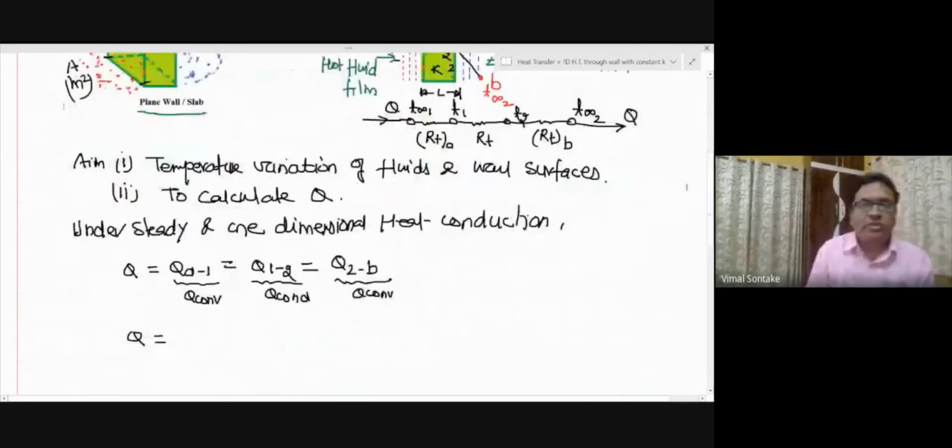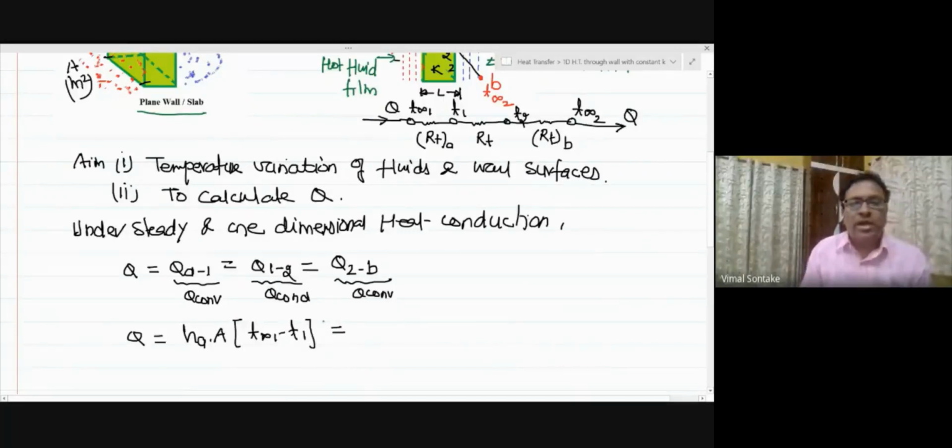QA1, that is the heat transfer rate from hot fluid to the left surface, will be by convection. And we know from Newton's law of cooling, heat transfer rate can be given by the heat transfer coefficient of that fluid, that is hA, into area, into T infinity 1 minus T1. Heat transfer rate from the left face to the right face will be by conduction.